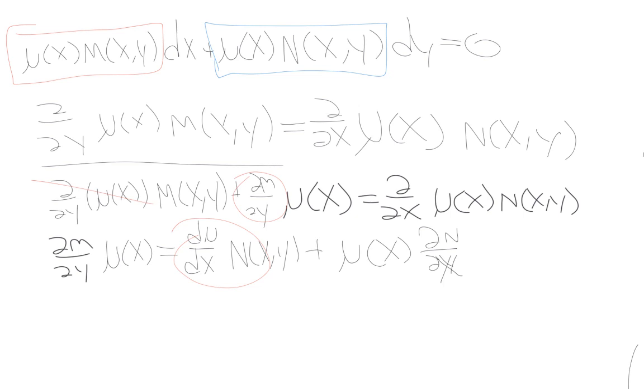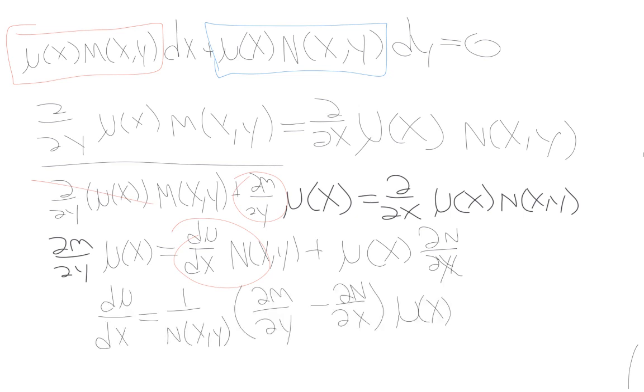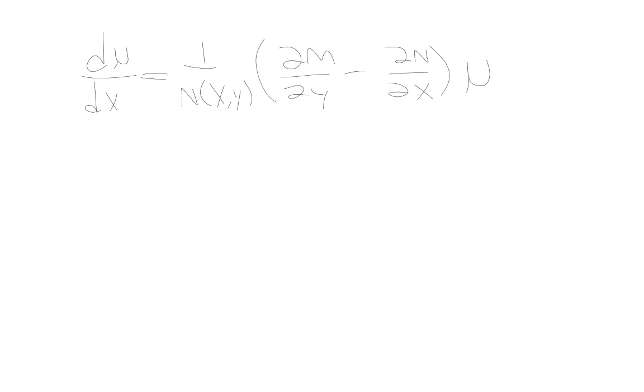But after subtracting my partial N with respect to x times mu of x, factoring out the mu of x, and then dividing by N of x,y, this is what I end up with, d mu dx being equal to... So here I've got what I left off with. d mu dx equals 1 over N of x,y times partial M with respect to y minus partial N with respect to x times mu of x.